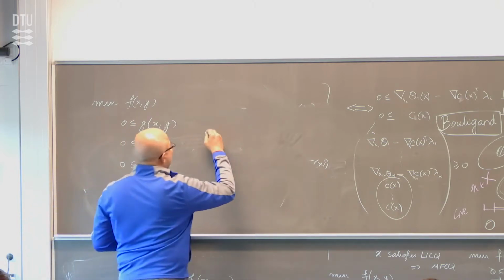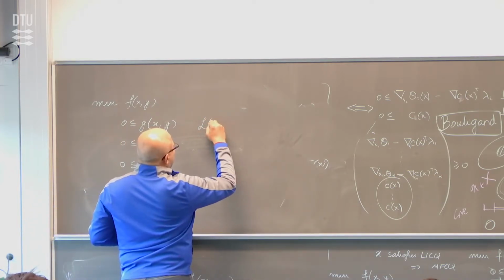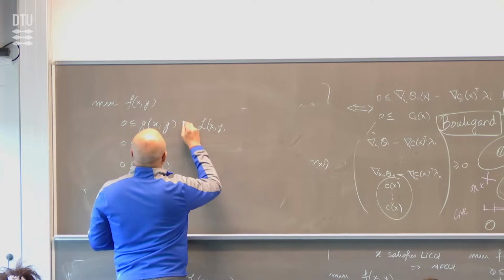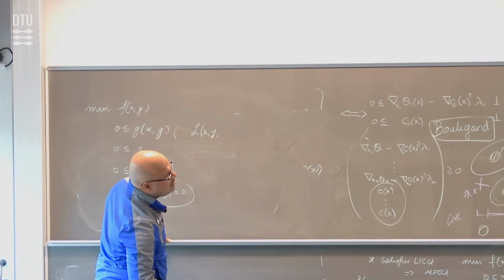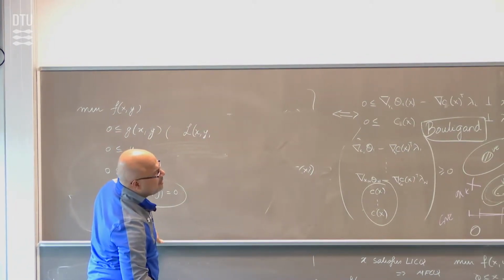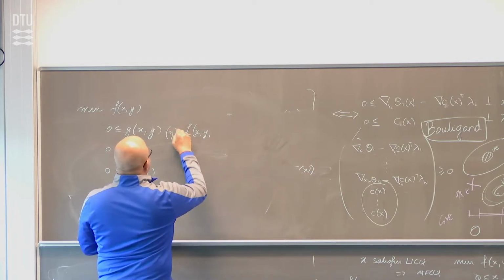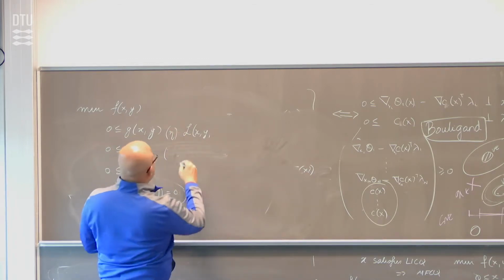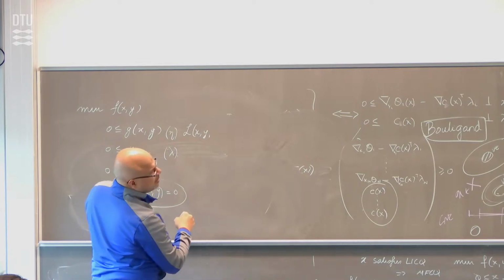So when I write down the MPEC Lagrangian, I write down L of z, with multipliers eta, lambda and mu.